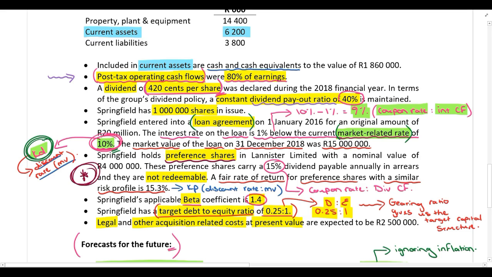So if we know the dividend and the dividend payout ratio, we can work backwards to calculate 2018 earnings. Then using that, we can calculate post-tax operating cash flows because post-tax operating cash flows are 80% of earnings.